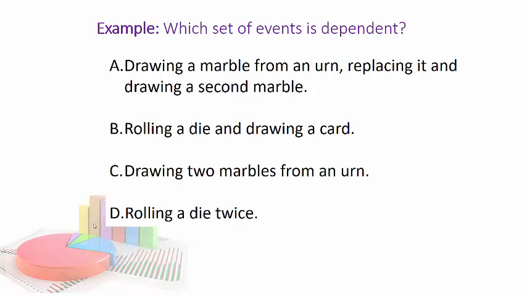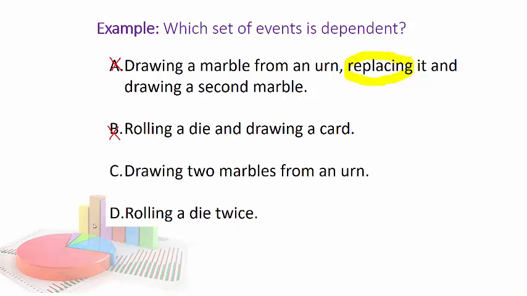Well, if I put the marble back in the urn, it's not going to affect how I draw my second one. So those are independent, okay? Replacing it keeps it independent. If I roll a die and draw a card, the card doesn't say, oh, okay, I need to change because of the die number you rolled. They don't know anything about each other. They are definitely independent, all right?